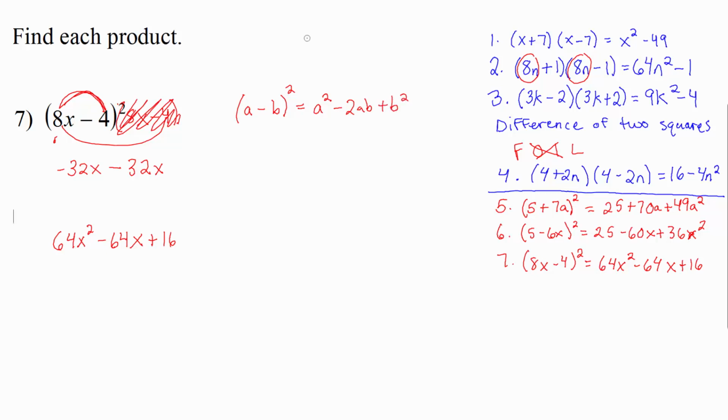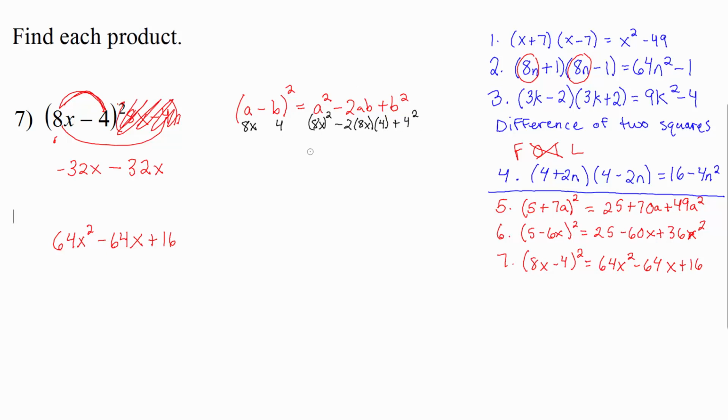So how this works is that in this problem, 8x is a and 4 is b. And so if we fill the 8x here, and we fill the b here and here, we should get the answer.